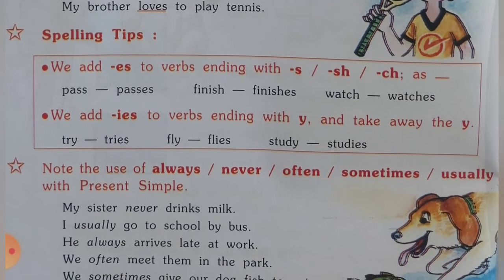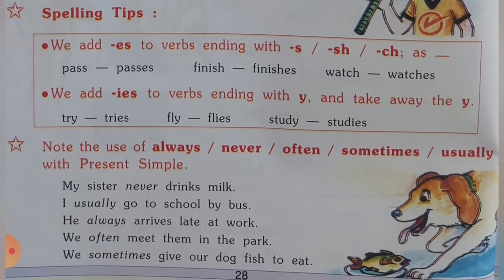Note the use of always, never, often, sometimes, usually with simple present tense, like my sister never drinks milk. I usually go to school by bus. He always arrives late at work. We often meet them in the park.